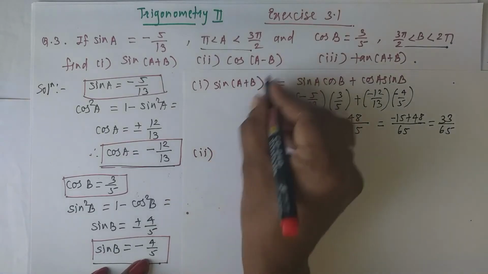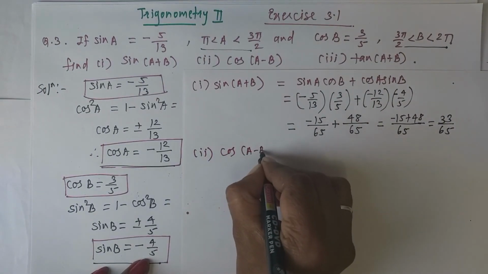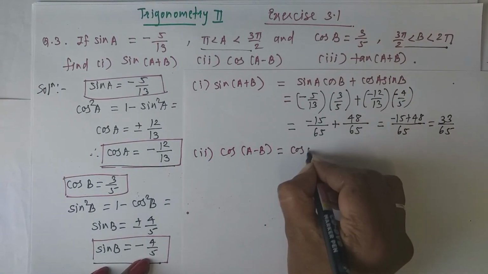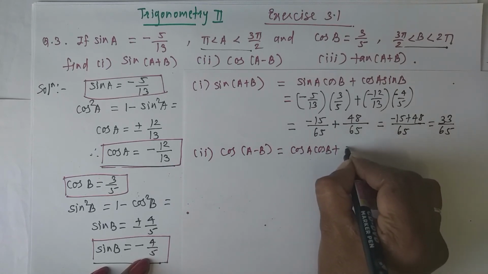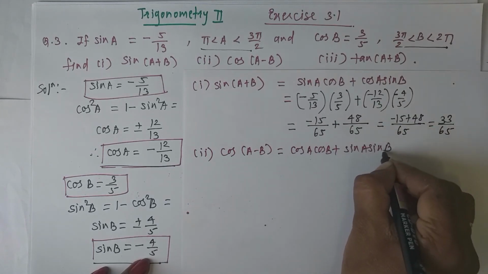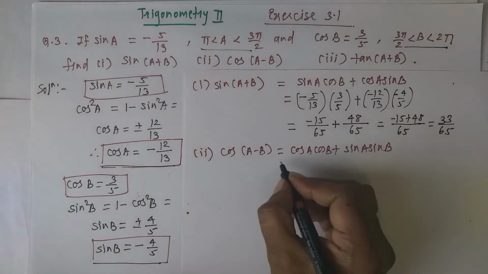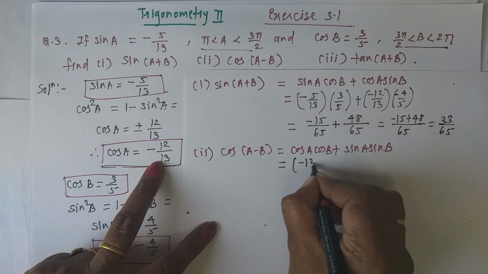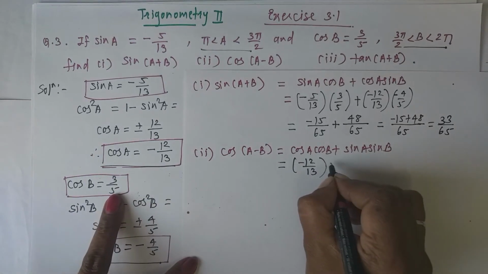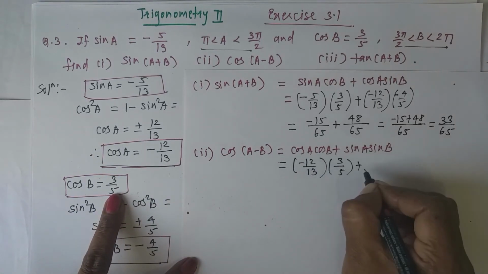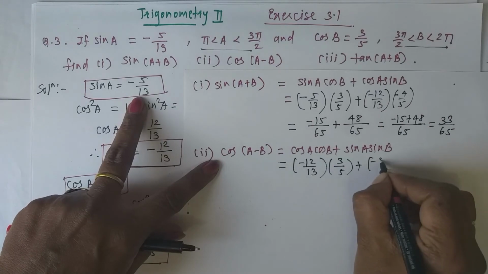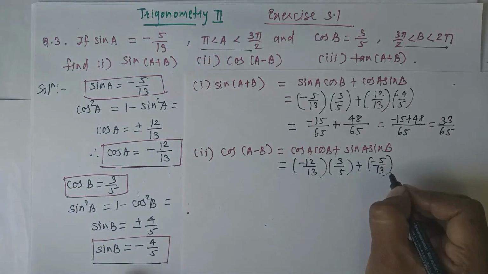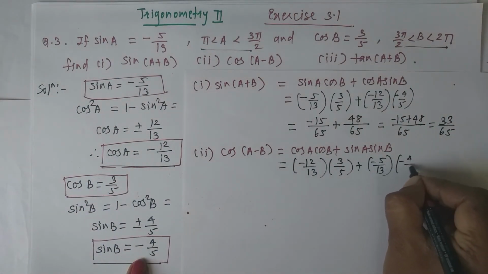We have to find cos(A minus B). I write the formula for cos(A minus B), that is cos A cos B plus sin A sin B. Now keep the value of cos A. Value of cos A is minus 12 upon 13. Cos B is 3 divided by 5. Sin A is minus 5 by 13 and sin B is minus 4 by 5.